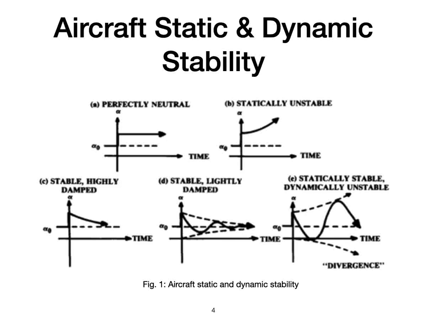Restoring forces then push the nose back up, overshooting by an even greater amount. The pitch oscillations continue to increase in amplitude until the aircraft diverges into an uncontrolled flight mode.